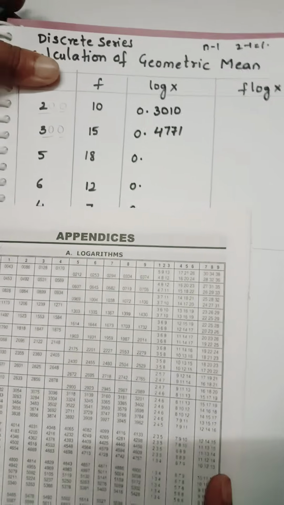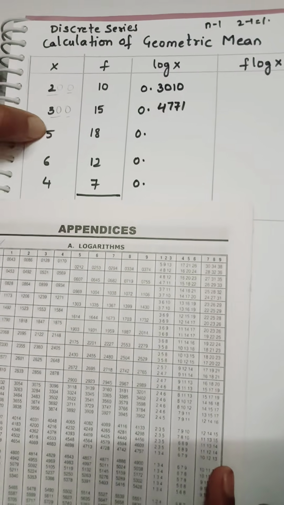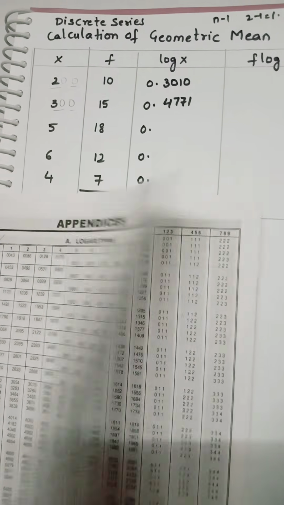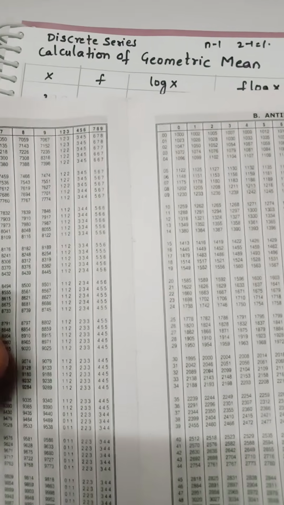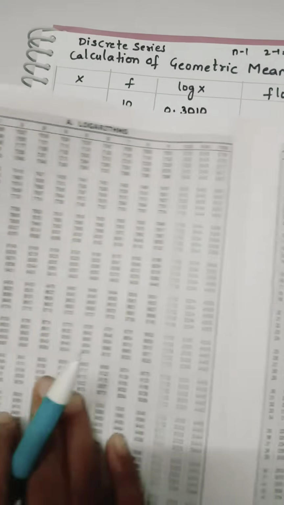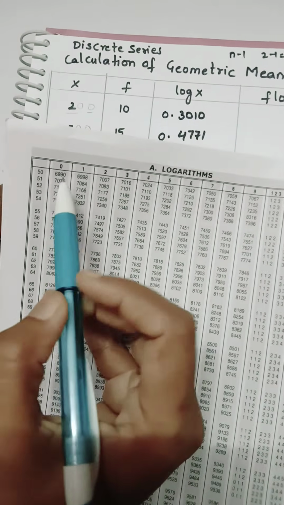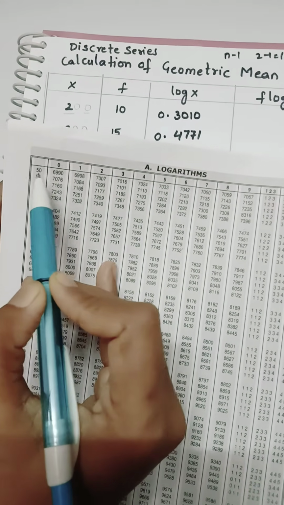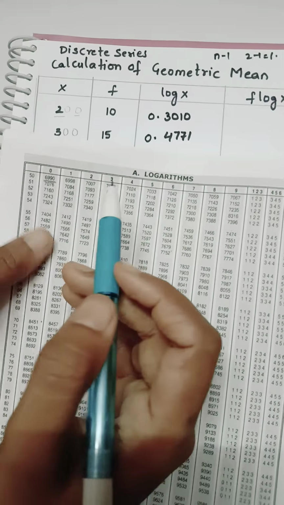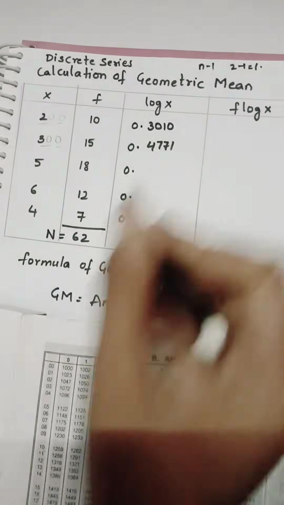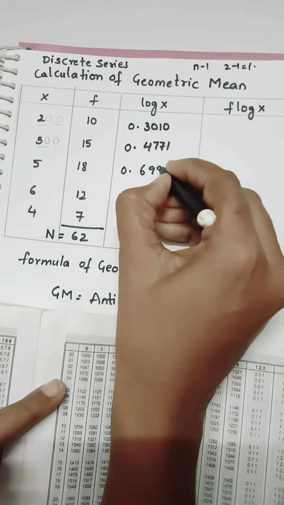Now the next value is 5. 5 means 50 at 0. Look at the 50 at 0, how much is it? 6990. So write the 6990.